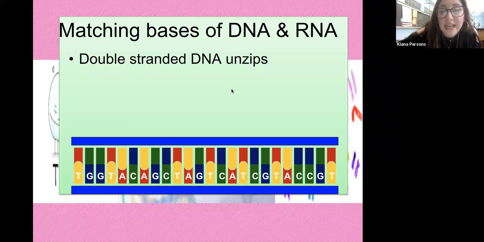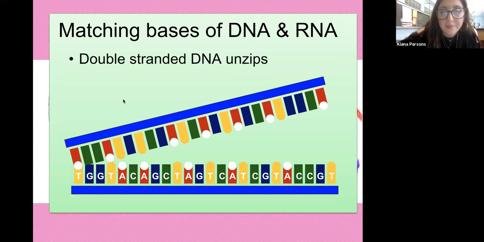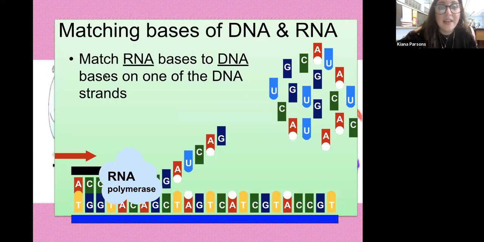The double-stranded DNA unzips, and then the RNA bases match to the DNA bases on one of the DNA strands, and the RNA polymerase is what pulls in the bases to actually make the strand of messenger RNA.